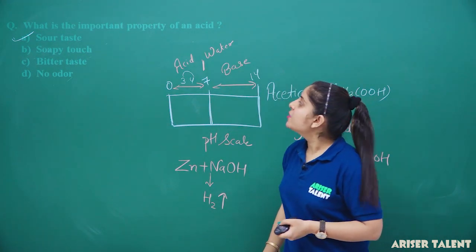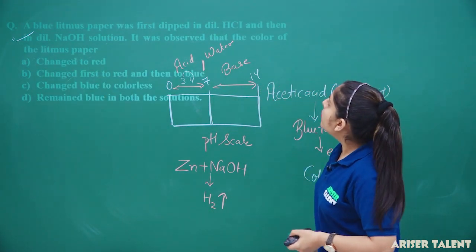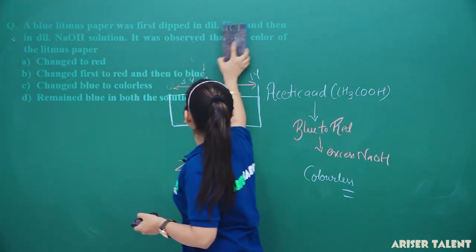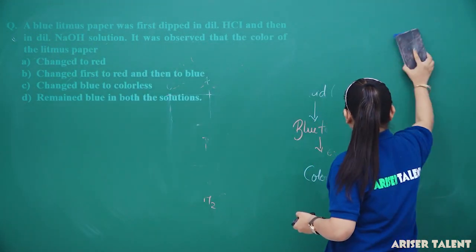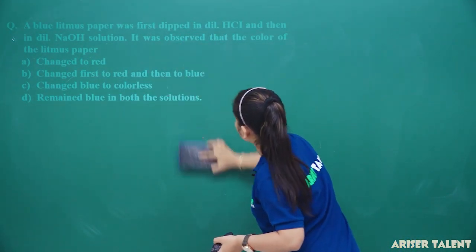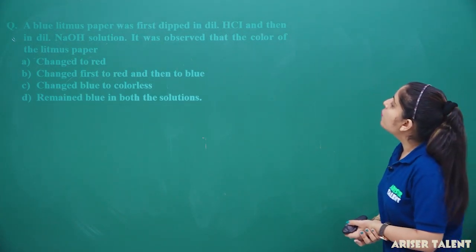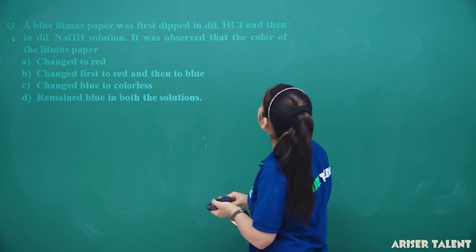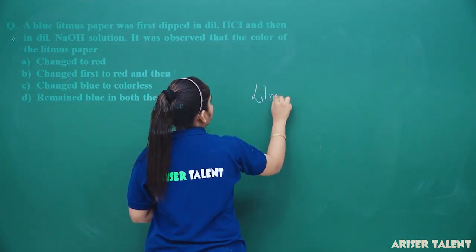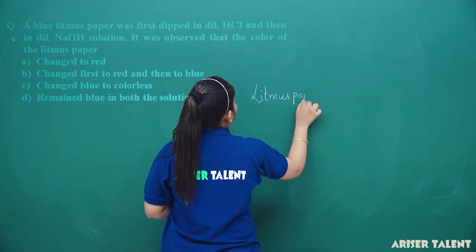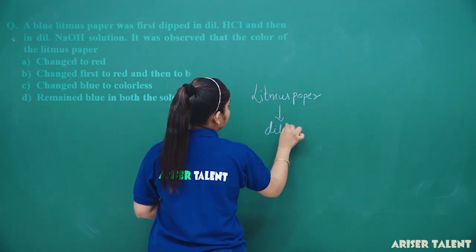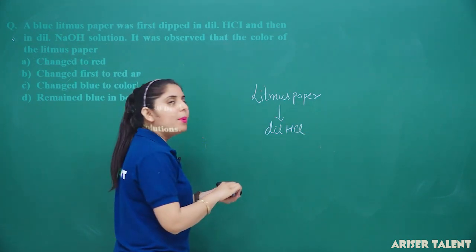Now we have our next question. A blue litmus paper was dipped in dilute HCl, then dilute NaOH. So we have the litmus paper. Now this litmus paper is first dipped in dilute HCl. So what is the property of the acids?